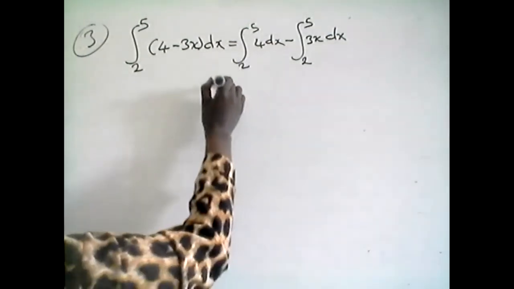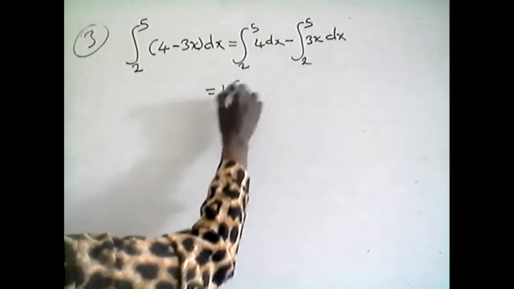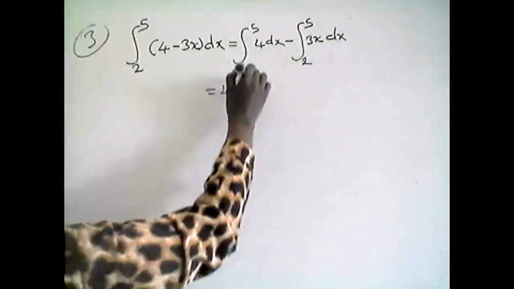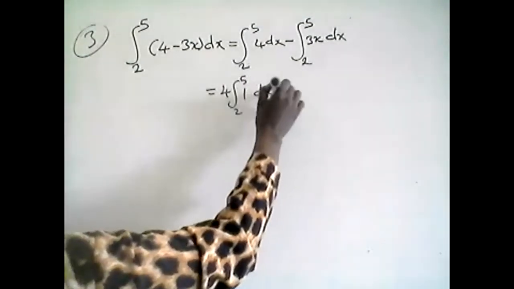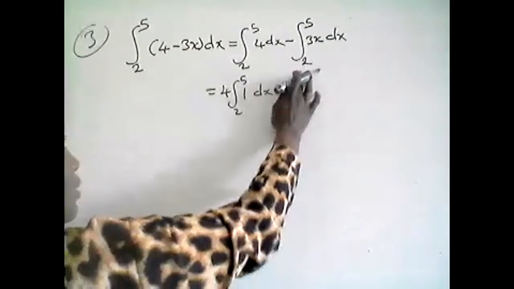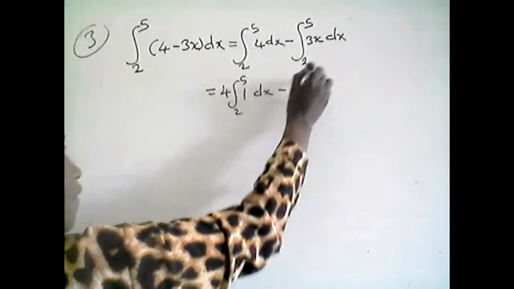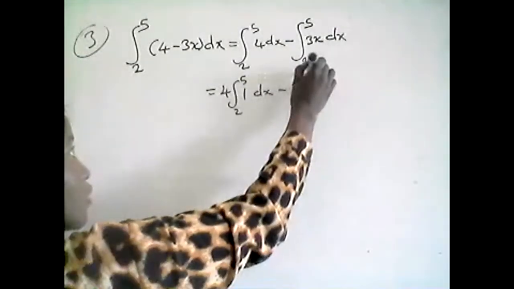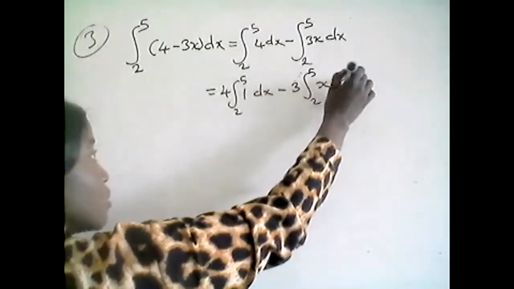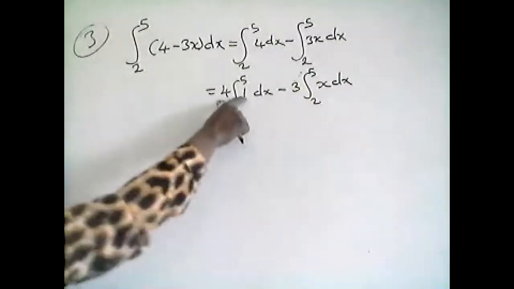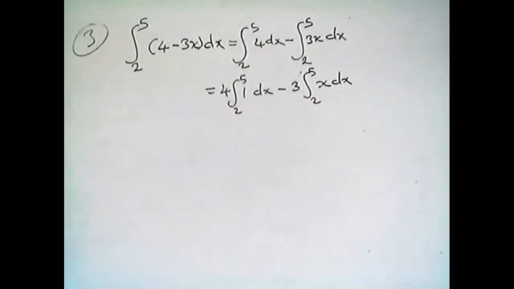So this is the same as 4 times the integral from 2 to 5 of dx, minus, I can pull out the 3, the integral from 2 to 5 of x dx. The integral of the constant is x.